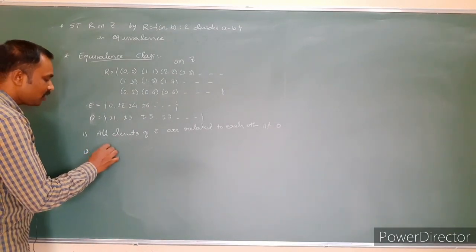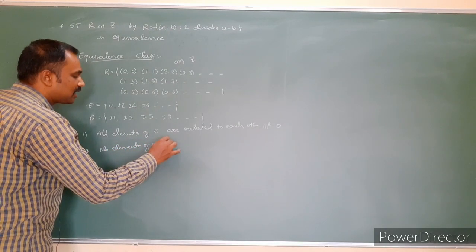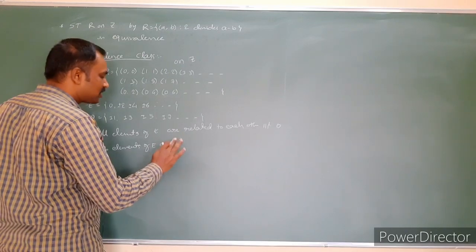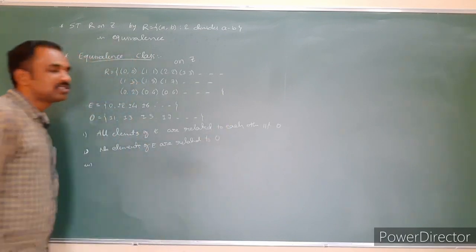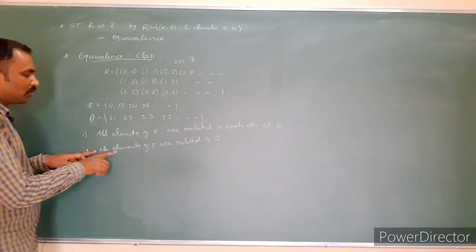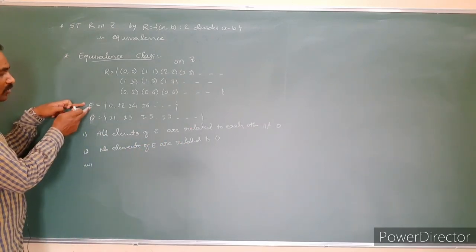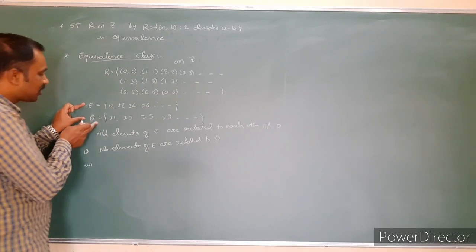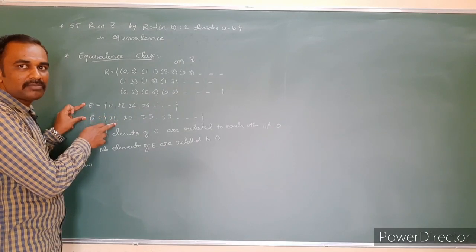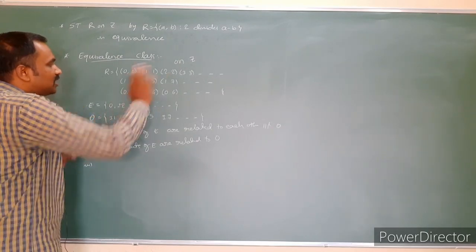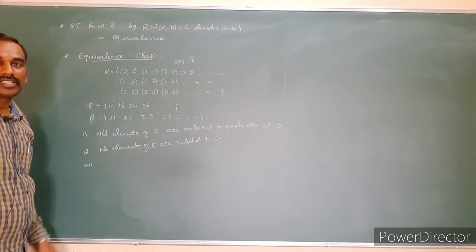Second condition: no element of the set E is related to any element of the set O, and vice versa. If we make a pair of one element from the set E and one element from the set O, then that ordered pair is not present in the relation.